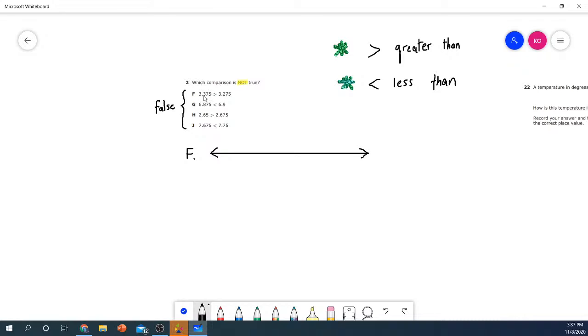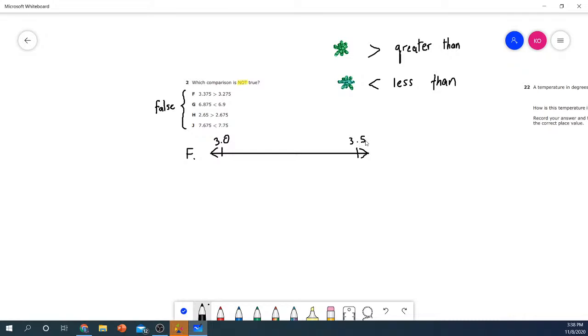So we see this number 3.375 and 3.275. We know that 3.3 and 3.2 are both in between 3.0 and 3.5. So 3.0 and 3.5.